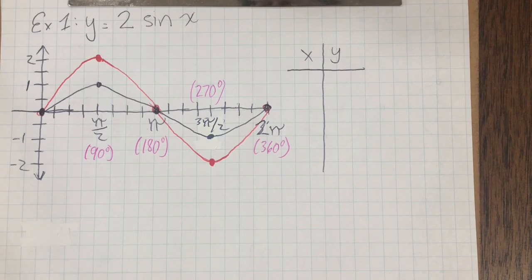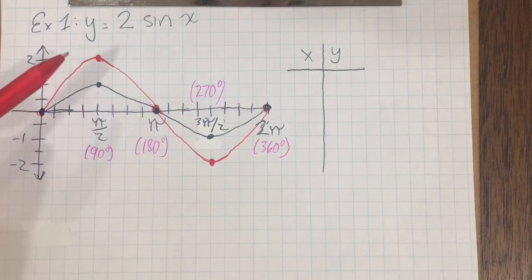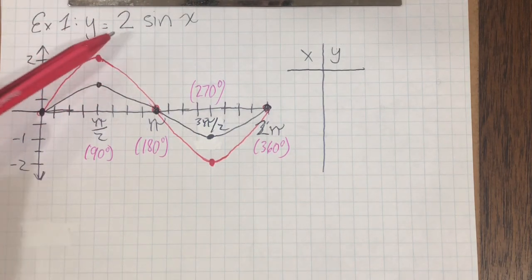Just by looking at what the change was from the original to the new one, we see that the y values are increased by a factor of 2. So for the change of amplitude, we can say that we're multiplying each y value by the number in front of the trig function, which in this case is 2.